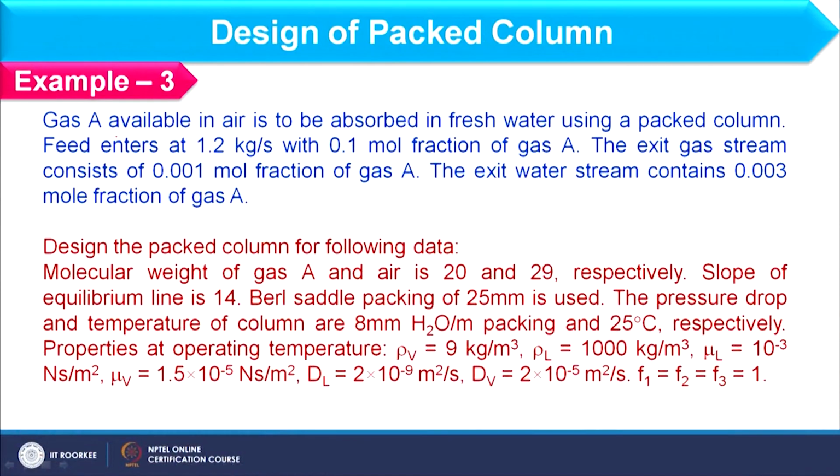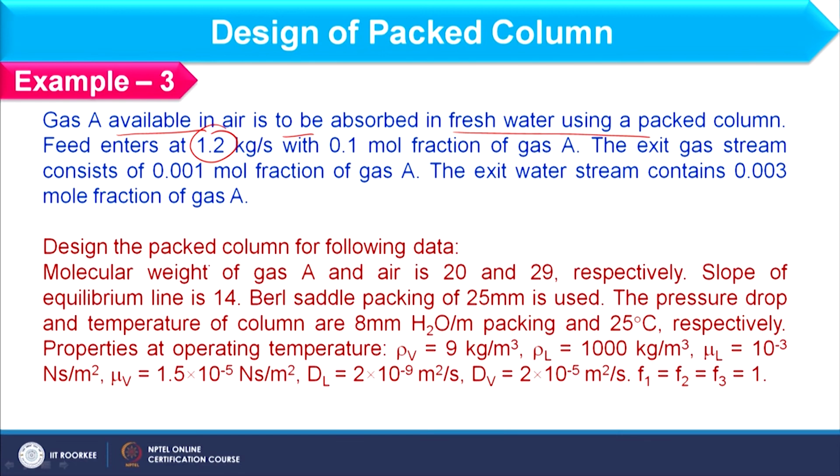Now here I have the third example, and I will cover that quickly because I have to make a different point over here. Okay. In this example, gas A is available in air and that should be absorbed in water.